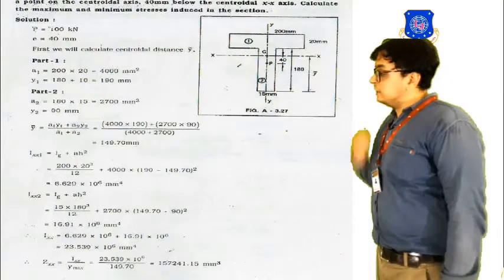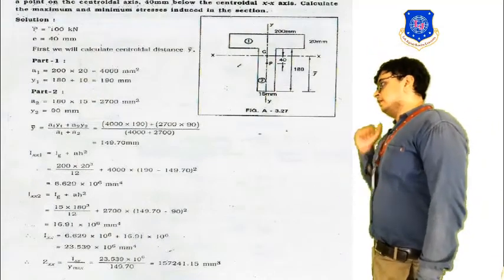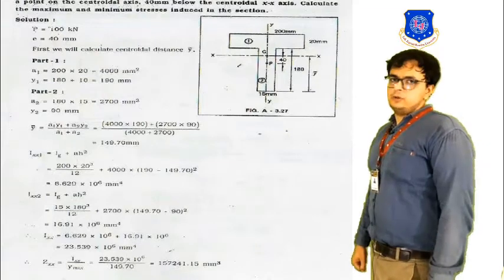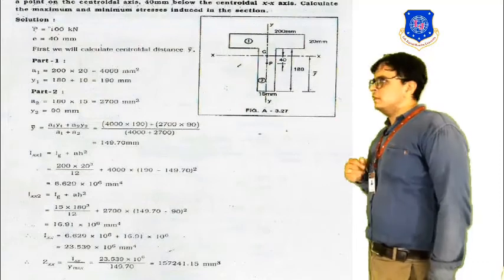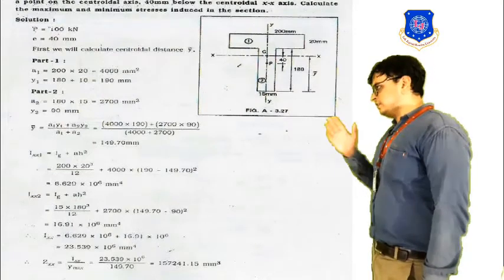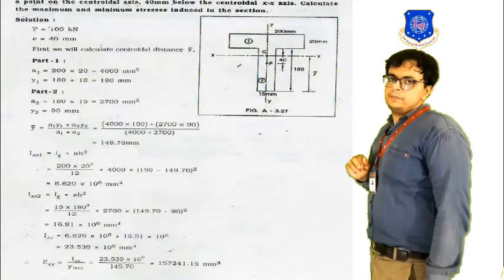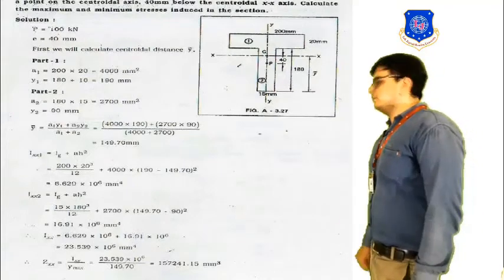After that, the third step is to find the moment of inertia with respect to all axes. Here we have symmetry along the x-axis, so we have not found it, but if it is necessary, then we need to find it. So the third step is to find the moment of inertia.